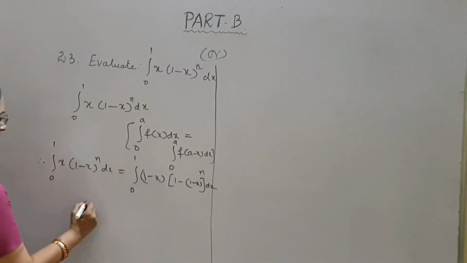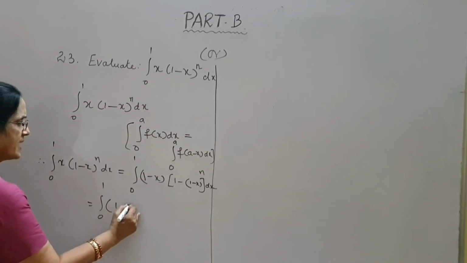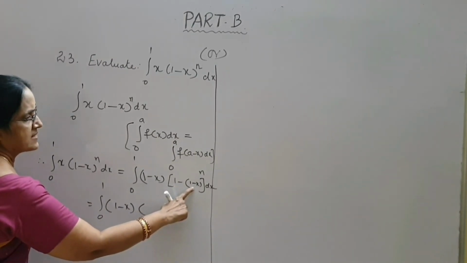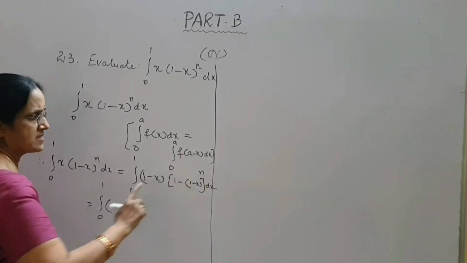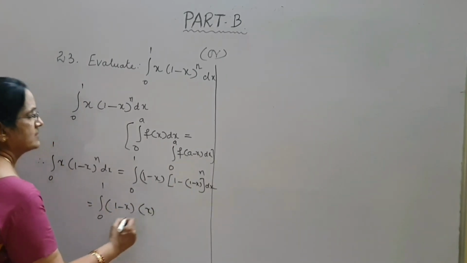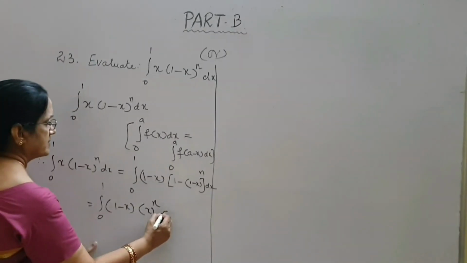This is nothing but integral 0 to 1, 1 minus x into, see here 1 minus 1 will get cancelled, minus into minus is plus, you will be having x. So, x power n dx.